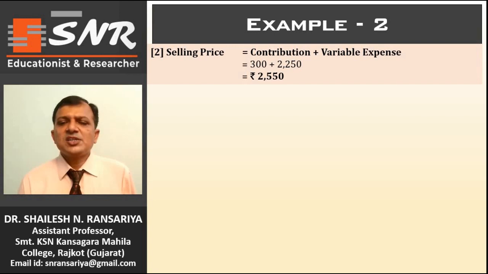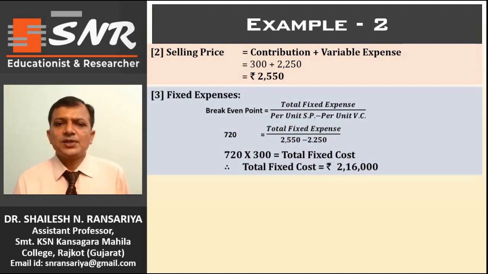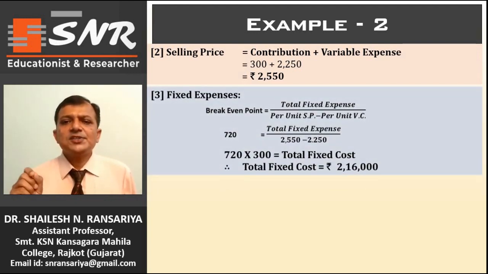Now we will calculate selling price. Selling price is equal to contribution plus variable expense. Contribution is 300, variable expense 2250. So selling price rupees 2550. Now we will calculate fixed expenses. In this example, break-even point is given. So with this formula, we will calculate fixed expenses.